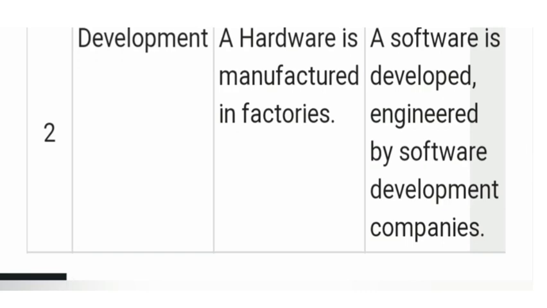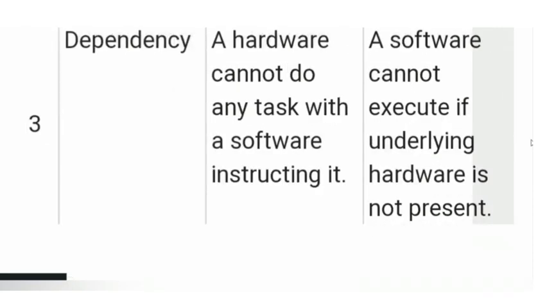Now next is dependency. Dependency, as the name resembles, the part of depend. Now what about hardware dependency? A hardware cannot do any task without software instructions. Hardware totally depends upon the software. Why?